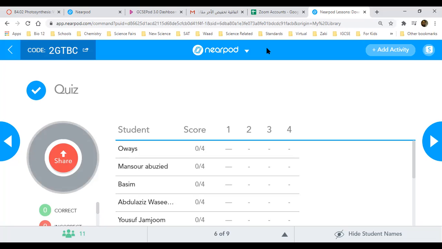Let's see what you guys have done so far. All right, the first question. The first stage of photosynthesis begins in the chloroplast, where the pigment molecules change chemical energy into light energy, into chemical energy, or into mechanical energy.